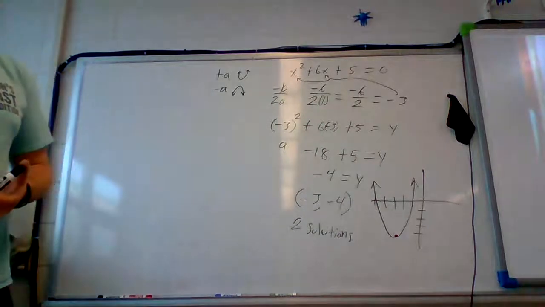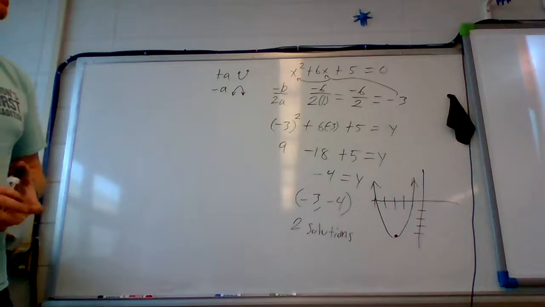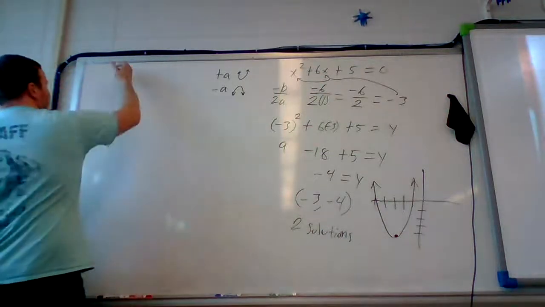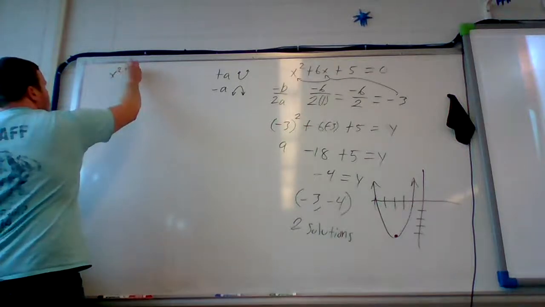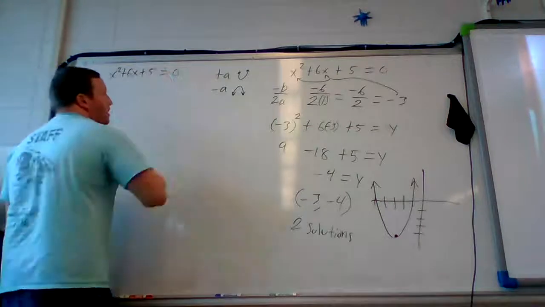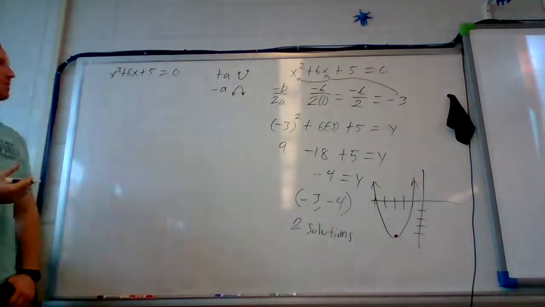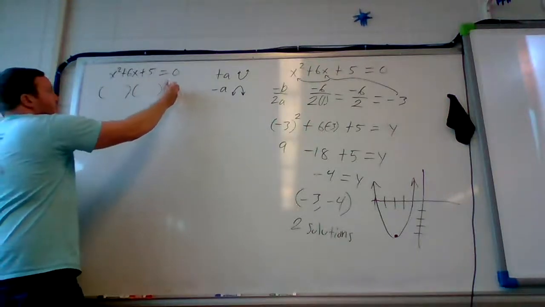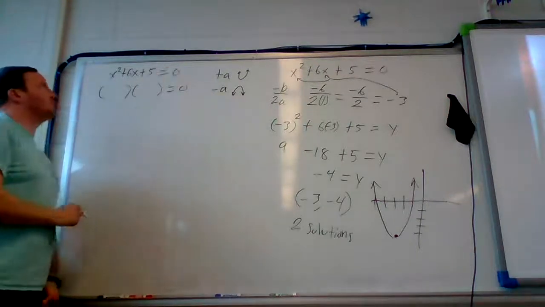So one of those methods that we're going to look at is factoring. So again, using the same problem, x squared plus 6x plus 5 equals 0. And we want to factor this. So anytime we have that trinomial, again, two sets of parentheses, equals 0.